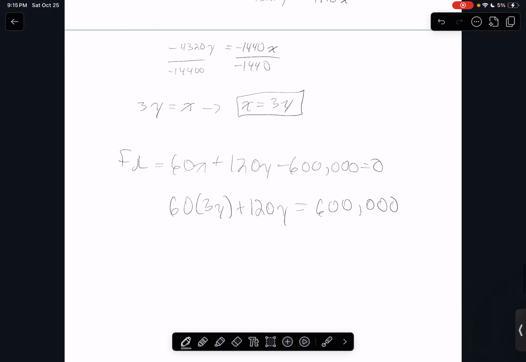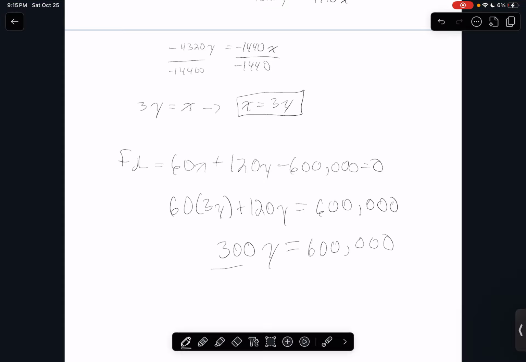When you put it in the calculator, 60 times 3 equals 180 plus 120. That's going to give us 300y. And that's going to equal 600,000.